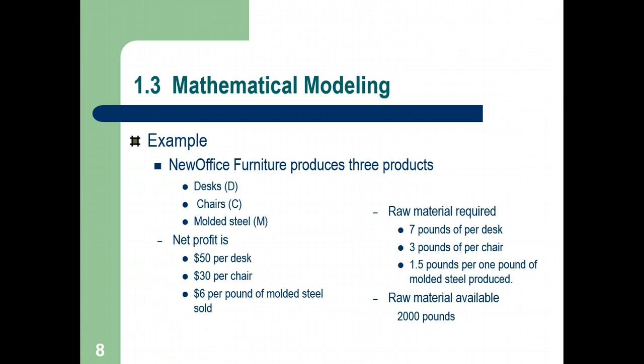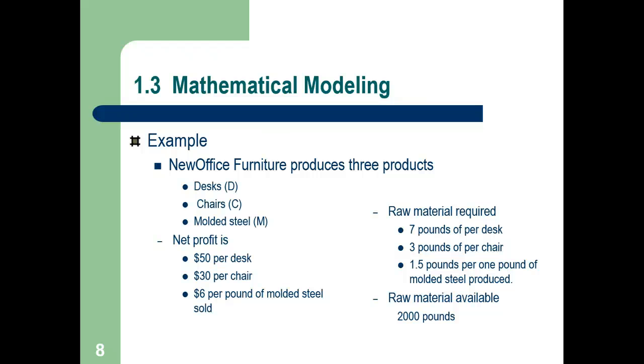Think of these three things. New office furniture, what can I decide? What am I trying to optimize? And what is holding me back? This is the one on page 8 and 9 of your book, or 7 and 8 of your book. So let's start with decision variables.